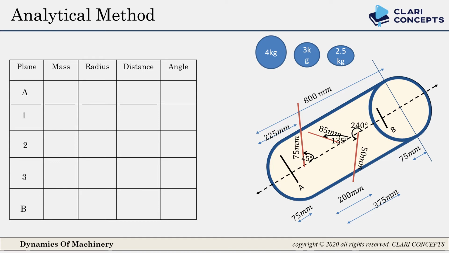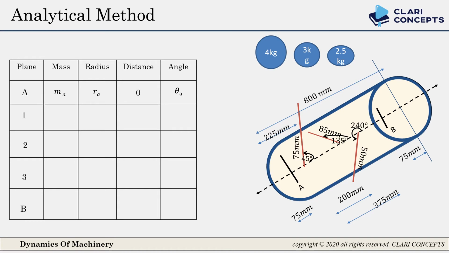Now put their values. It means plane A has mass ma with radius Ra at distance 0 and angle theta a. Here distance 0 means you are taking plane A as the reference plane. So the distance will be 0.